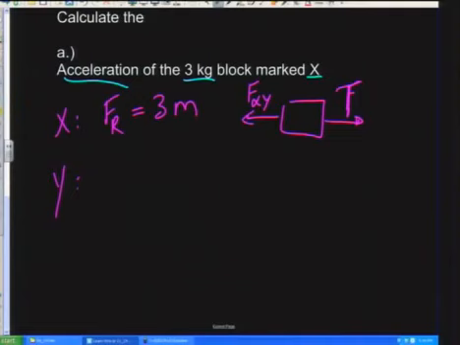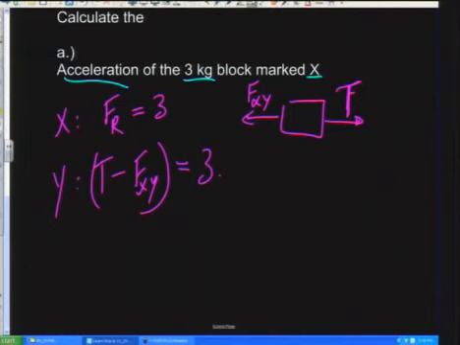And so the resultant of this one, let's keep the force to the right positive, is T minus Fxy. That's the resultant, and we know that's equal to 3 times the acceleration. I've done something wrong here.